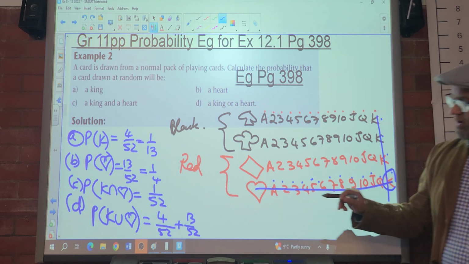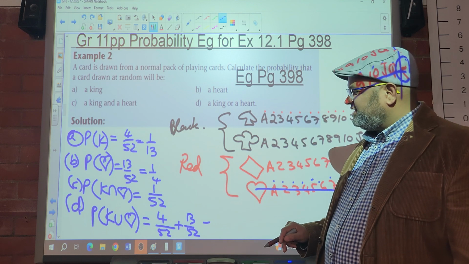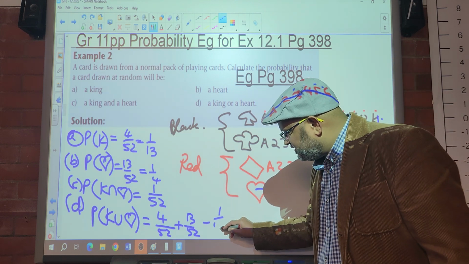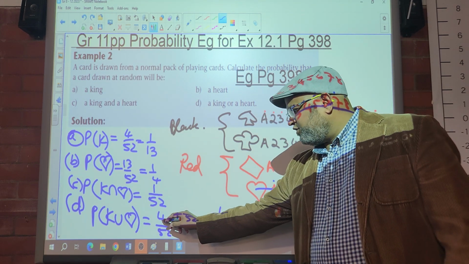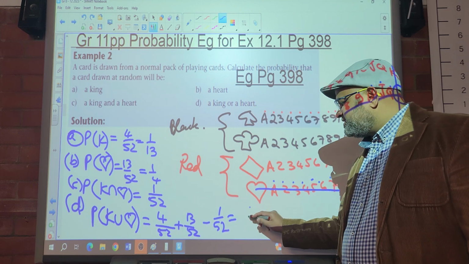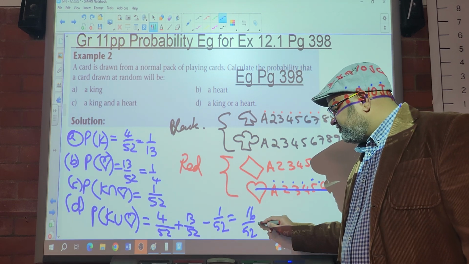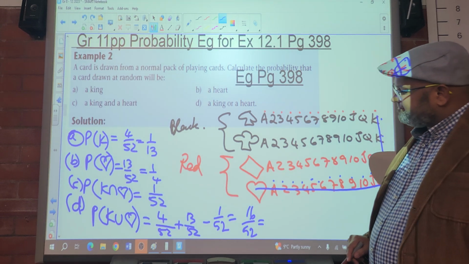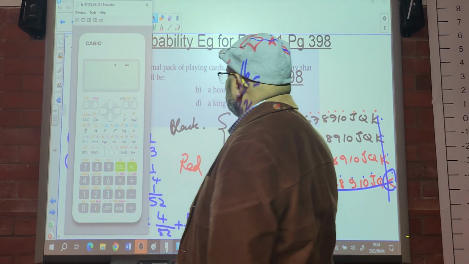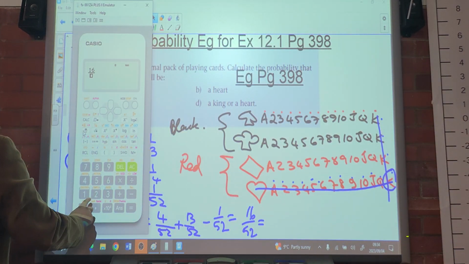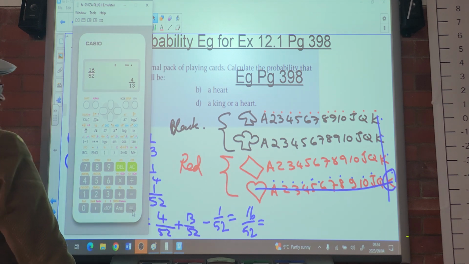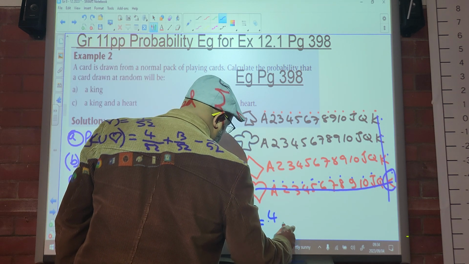And that is the reason why we have to take that away, which is 1 out of 52. So 4 plus 13 is 17, minus 1 is 16 over 52. And 16 over 52 is 4 over 13.